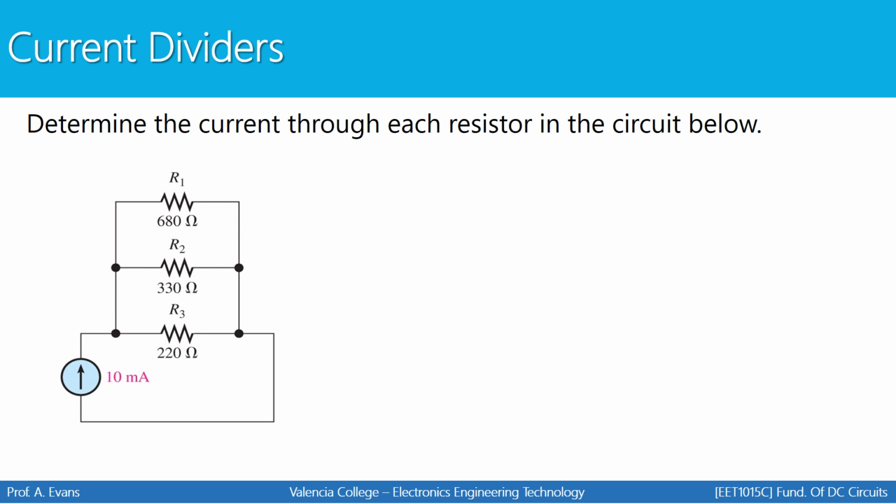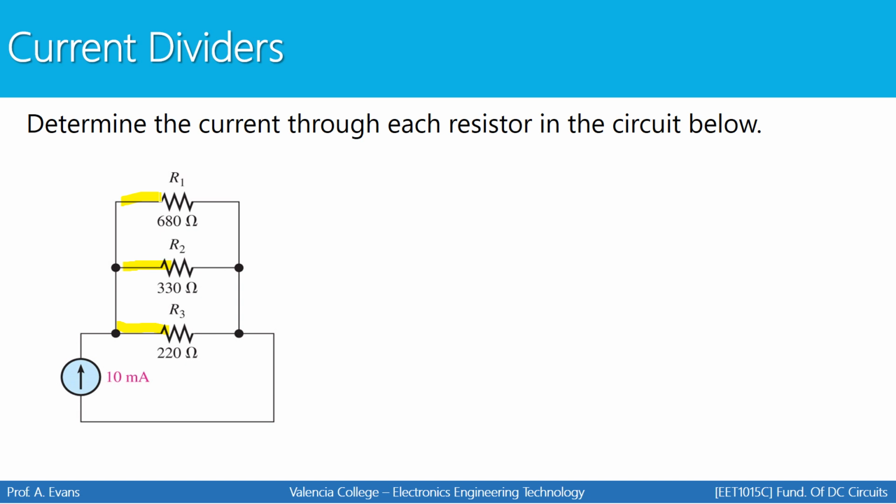To use a current divider, we must know the total resistance of all the parallel branches along the path that is being split. So this 10 milliamps is being split and it's going three ways. So we have three paths. When we're using a current divider, we must find the total resistance of those three paths.